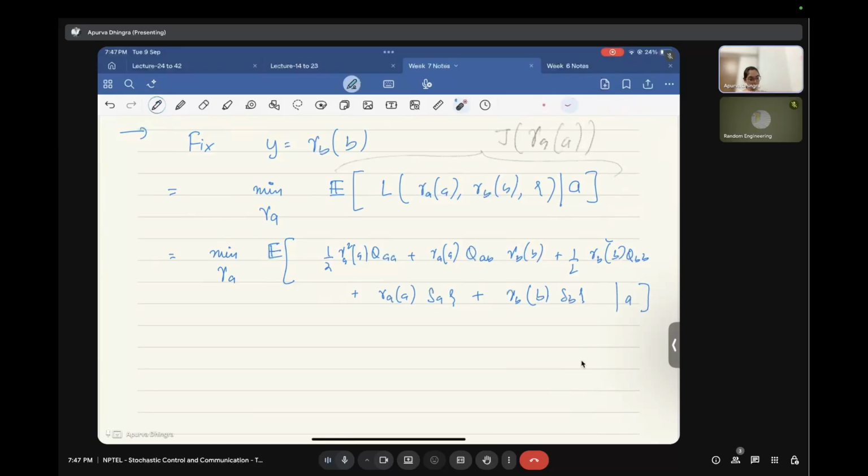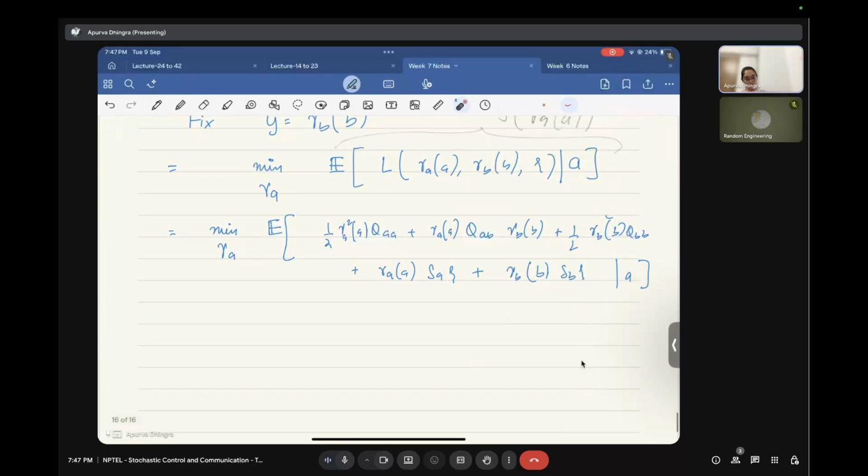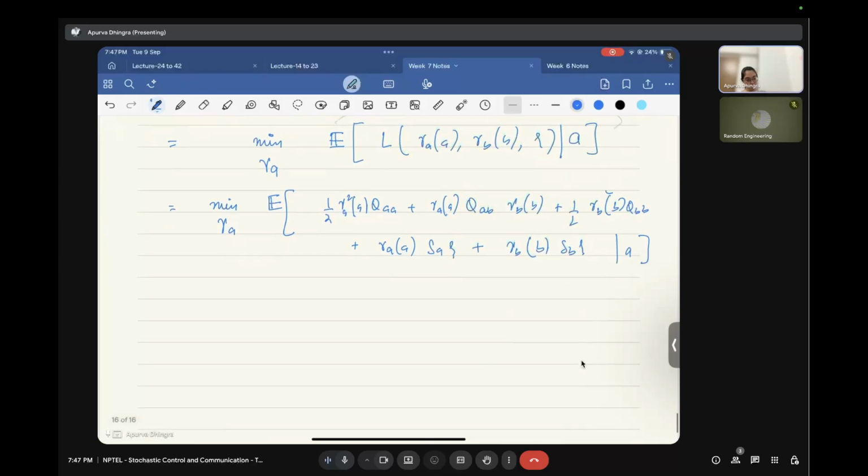Now there are terms, for example this and this, that have no dependence on gamma A whatsoever. So these things don't need to have any optimization done over them. The other terms have gamma A in them, so that's the important part.